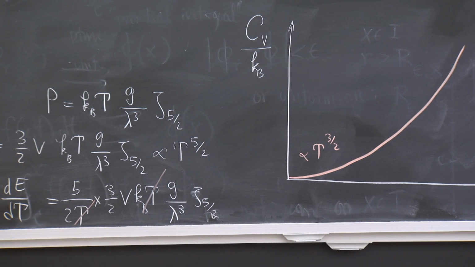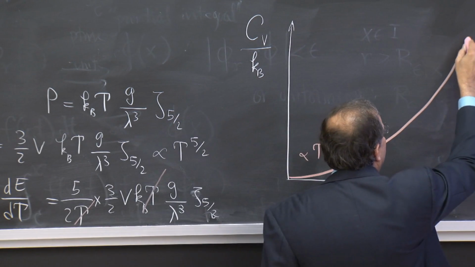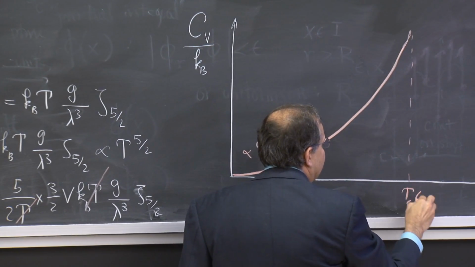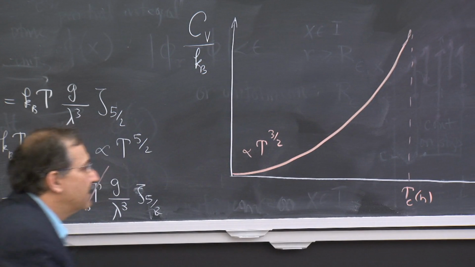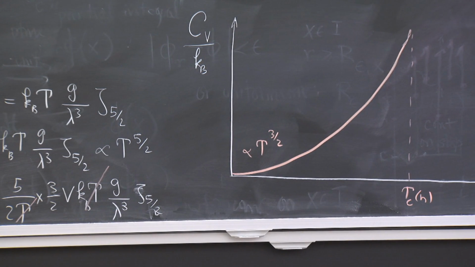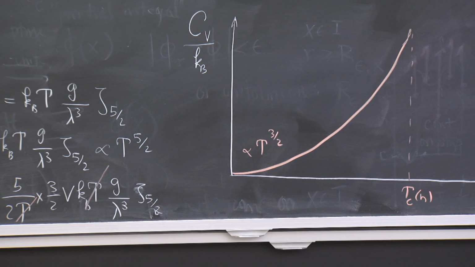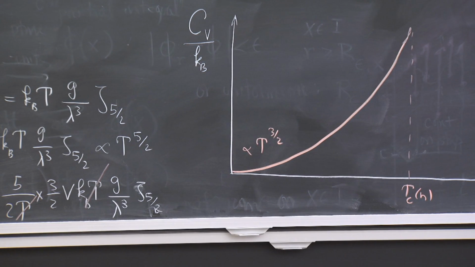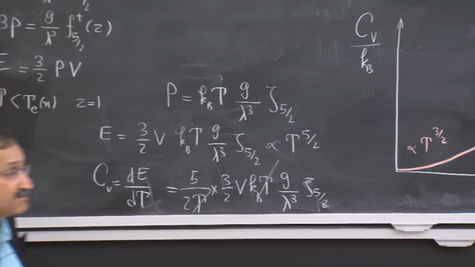And presumably this behavior continues all the way until the temperature at which this system ceases to be a Bose-Einstein condensate. So the low temperature form of the heat capacity, its calculation is very simple. Now at very high temperatures, we know that the heat capacity is going to be 3/2 N kT, right?